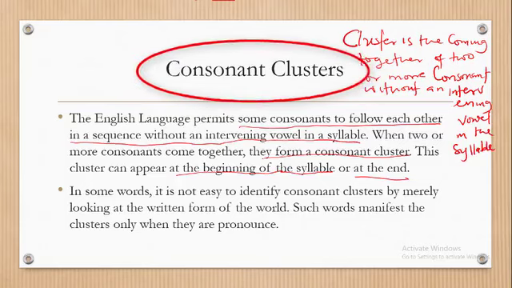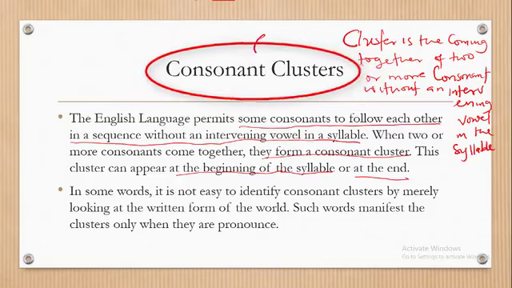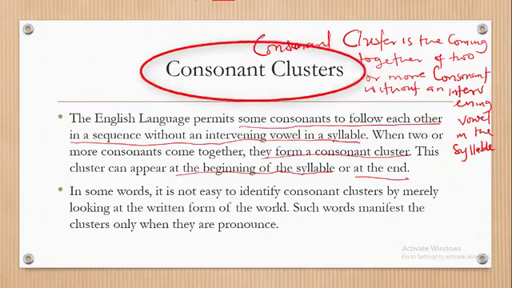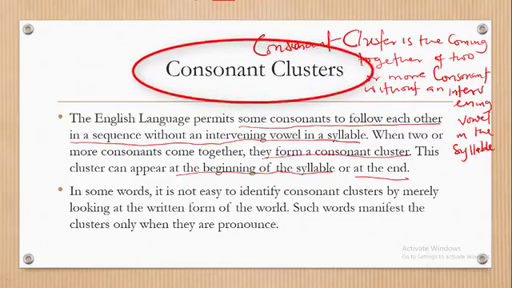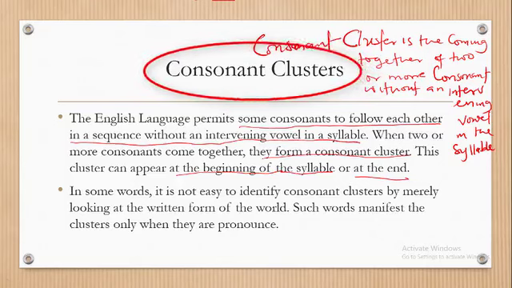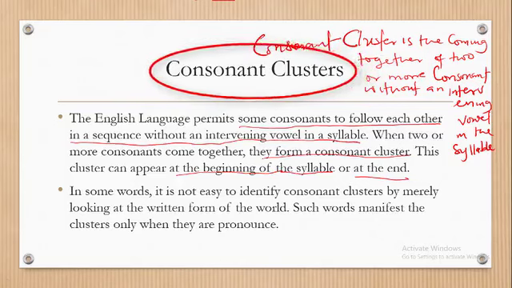So that's what we call a consonant cluster. A consonant cluster is the coming together of two or more consonants without an intervening vowel in the syllable.